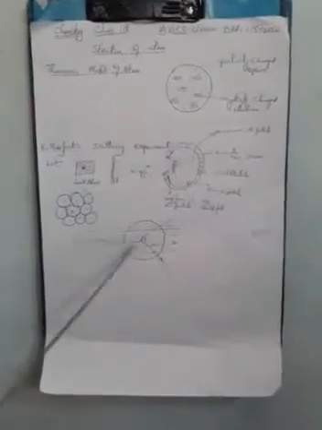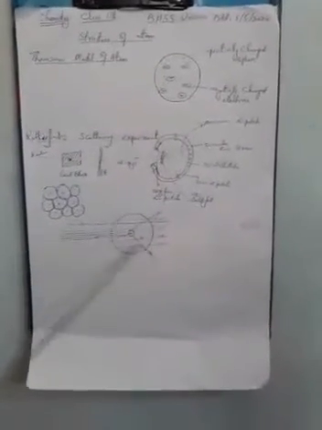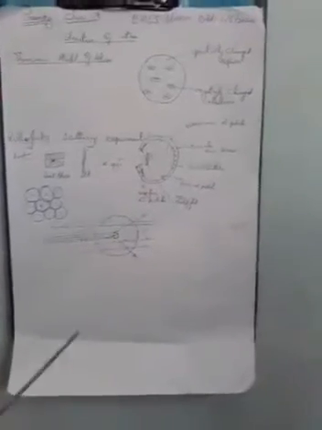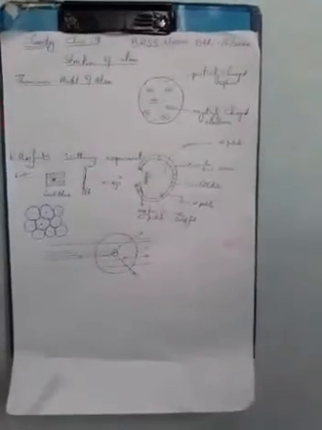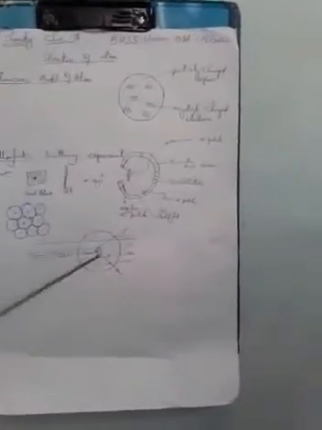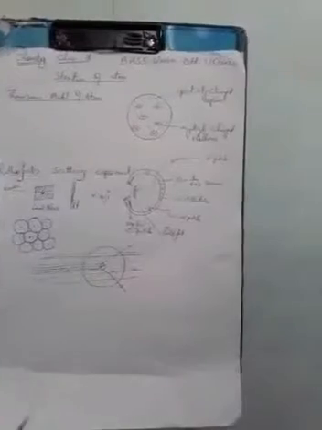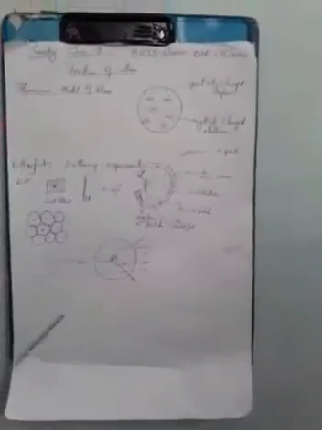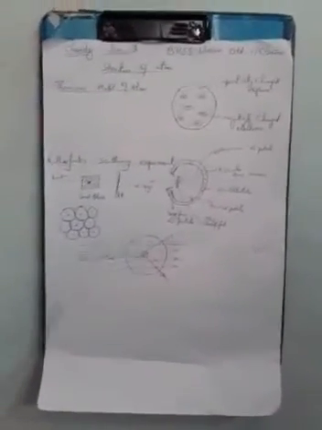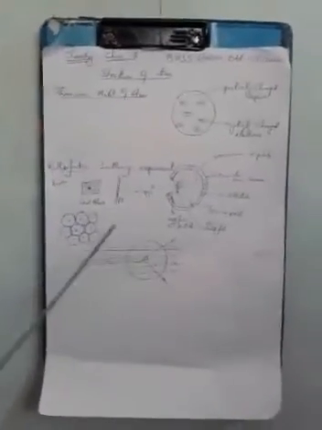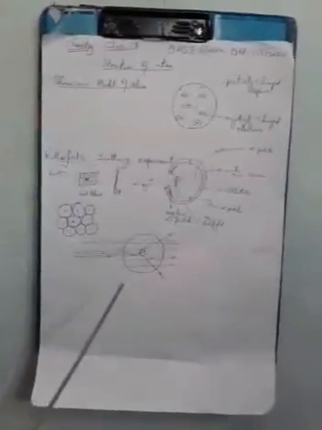That is why these alpha particles suffered minor deviations, because alpha particles being positively charged, when they come close to this positively charged center, they got deflected at minor angles. Now, very few, as I've already told you, about 1 out of 20,000 alpha particles, were deflected at large angles, or even retraced their path.